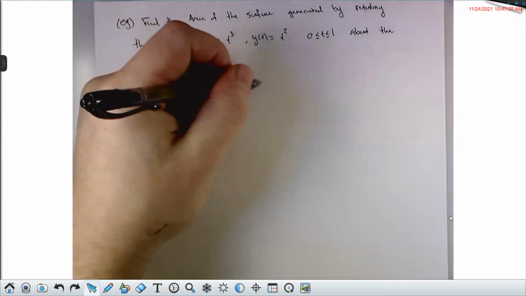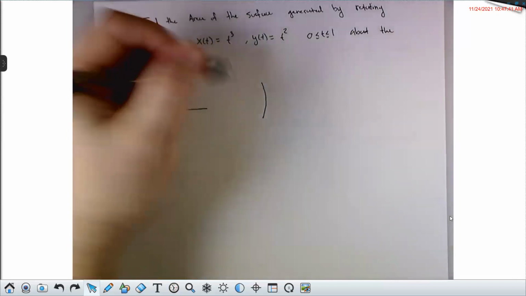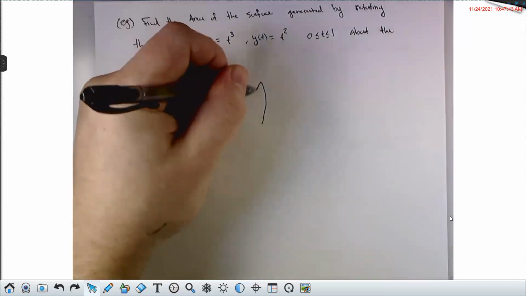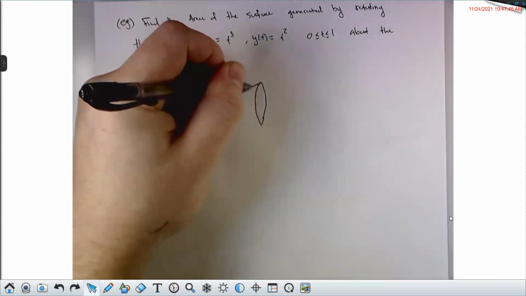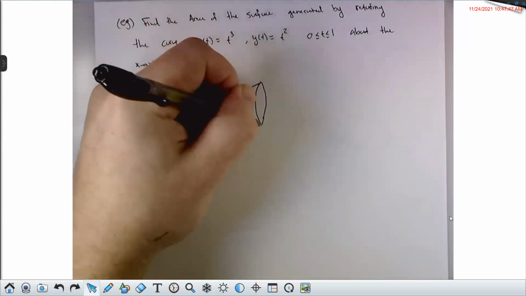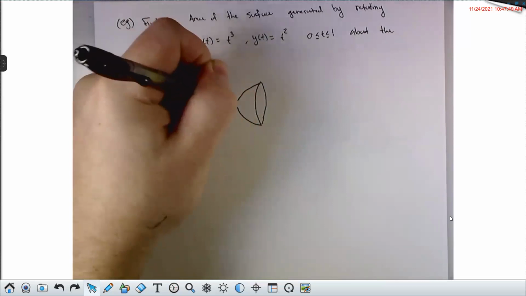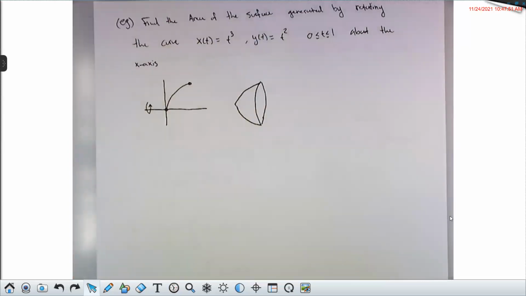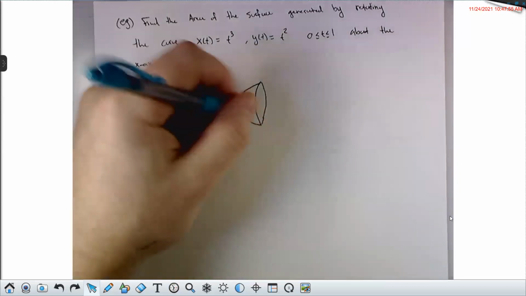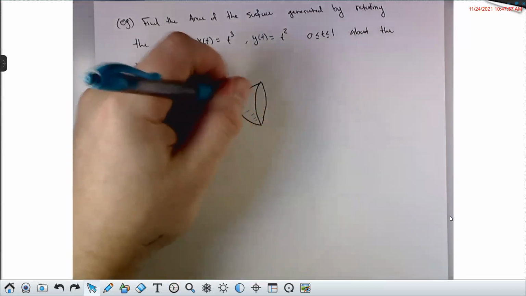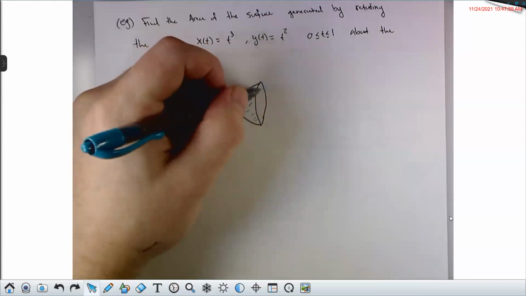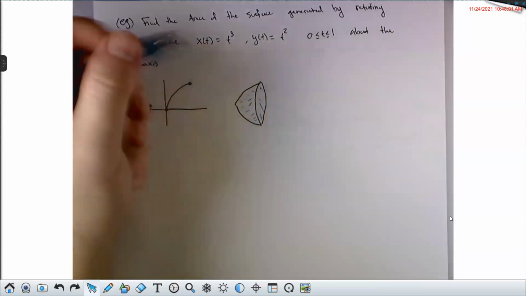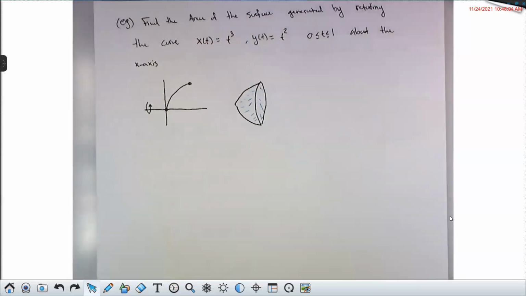So the solid we're looking at is this kind of sideways bowl-shaped thing. Something like this. And we're going to find the area of the surface.